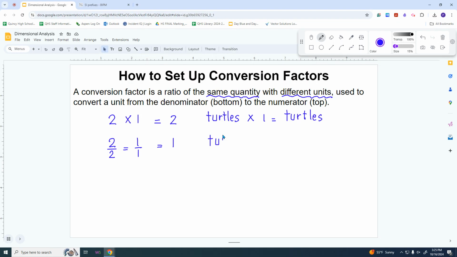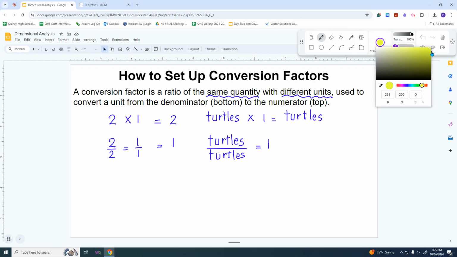Turtles divided by turtles will also equal 1. Okay, because you can cancel letter T, letter U, letter R, letter T, letter L, letter E, letter S.